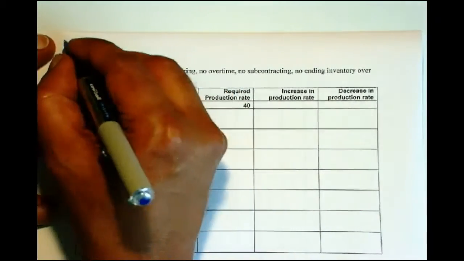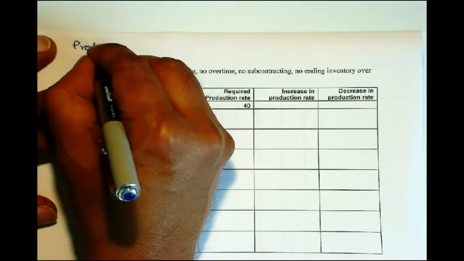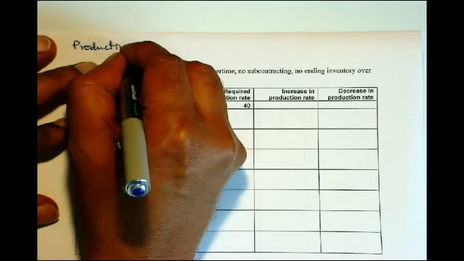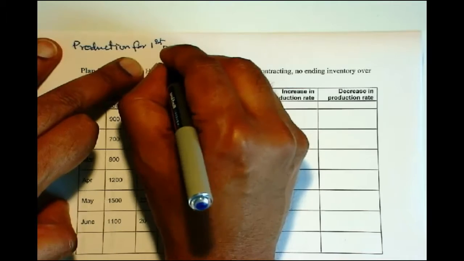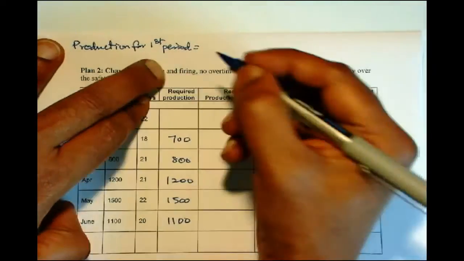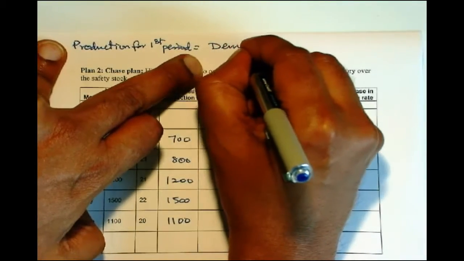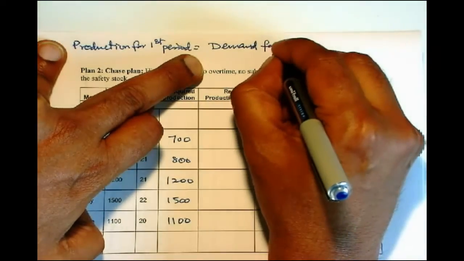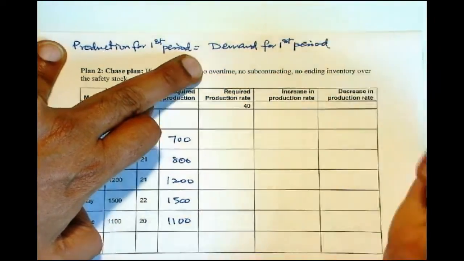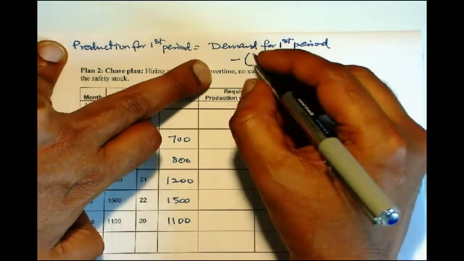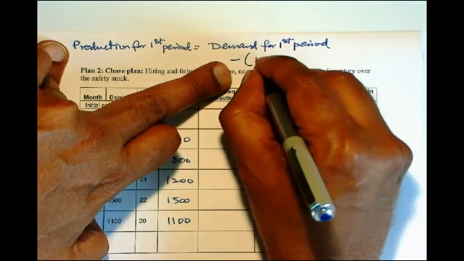So production for first period is demand for first period, okay, minus you have to adjust for the initial conditions.